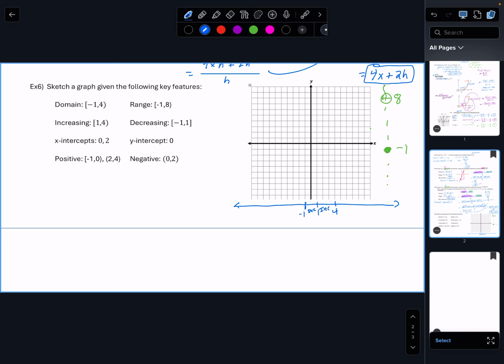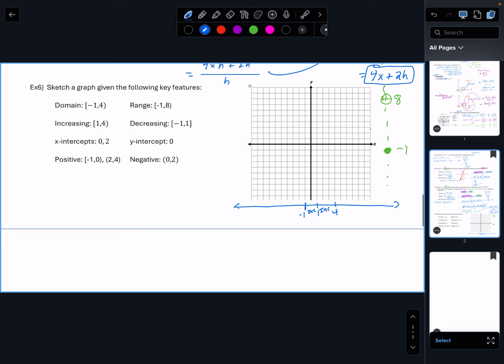Now, there are some things that don't move. X-intercepts are 0 and 2. Those are fixed points. They can't move. And the y-intercept is also 0 because the x-intercept is 0. They're the same, come from the same point. And then we have where this is positive versus where this is negative.